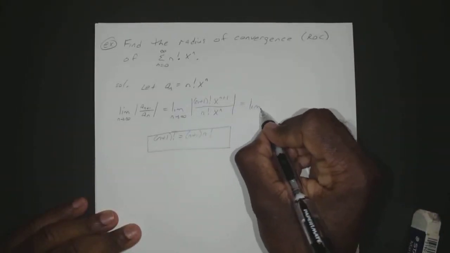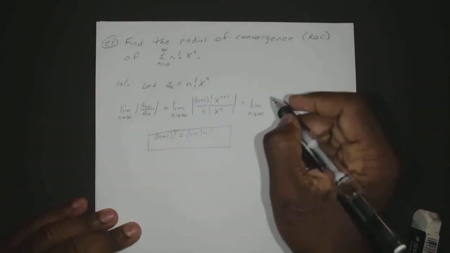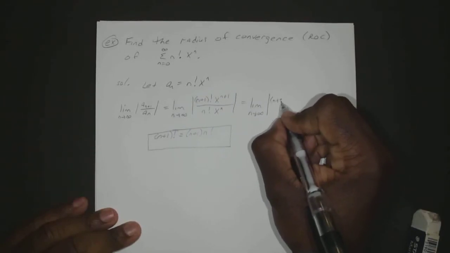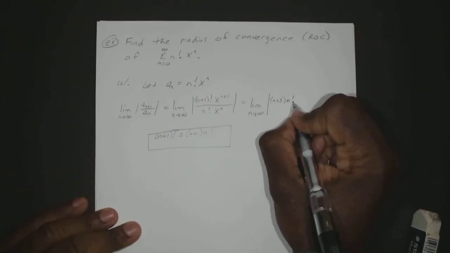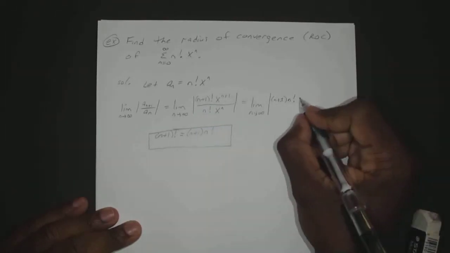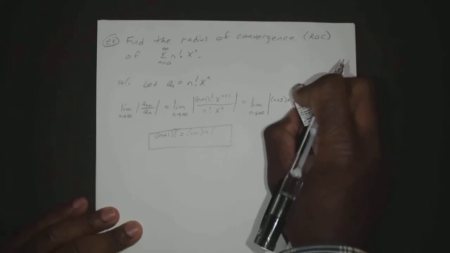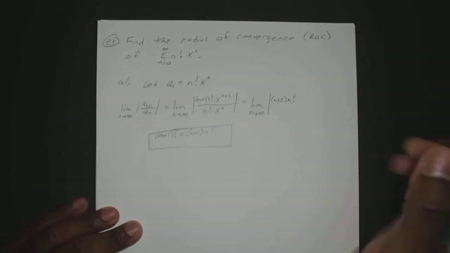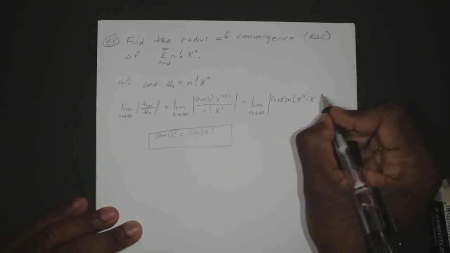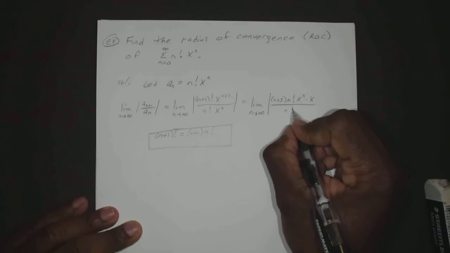Okay, so we have the limit as n approaches infinity of the absolute value of n plus 1 times n factorial times x to the nth power times x, over n factorial times x to the nth.